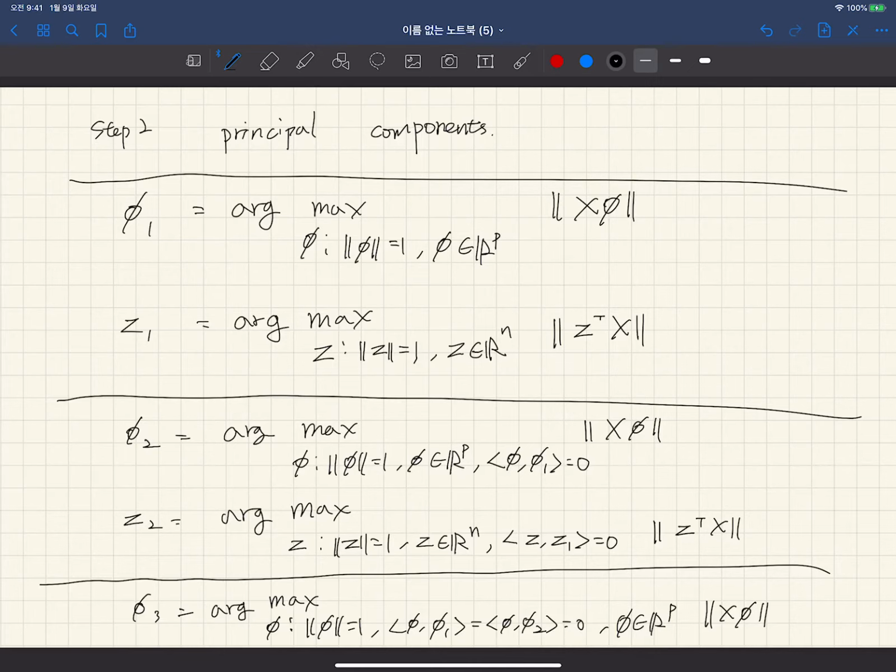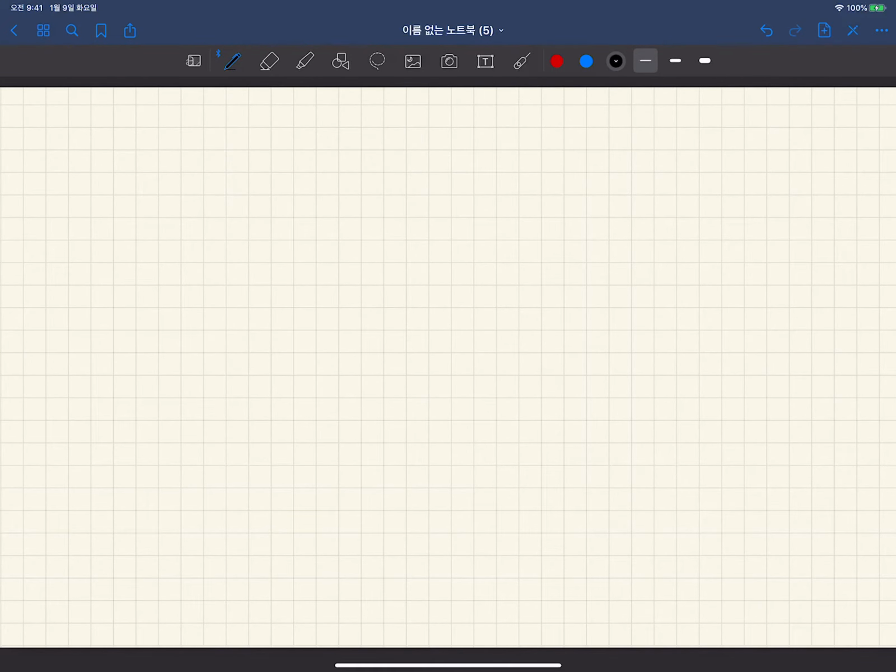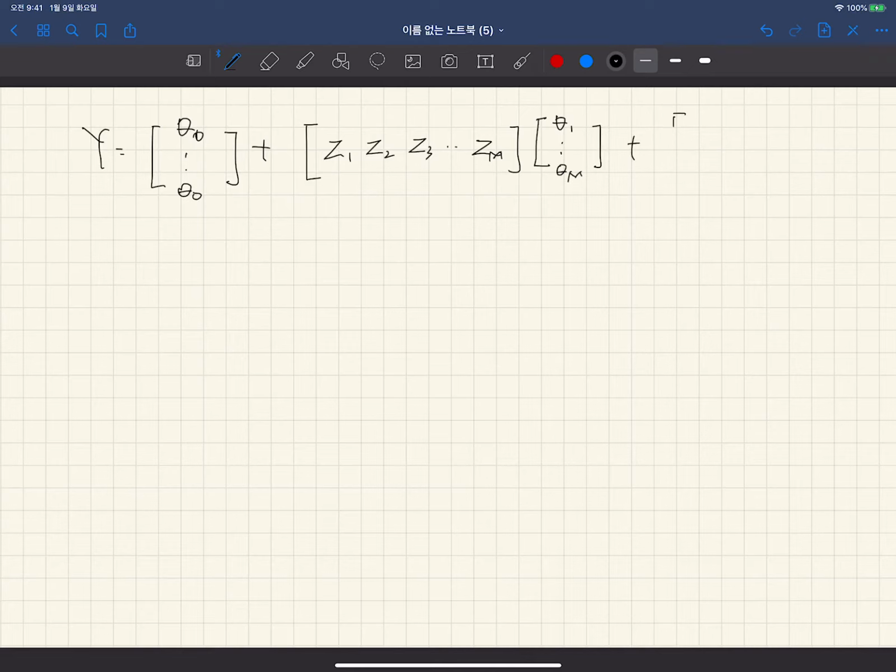Right. So the principal component regression task is basically to define a linear regression task using a new parameter theta 0 plus Z1, Z2, the second principal component, third principal component, up to the m-th principal component from the left hand side, multiplied with the new m parameters theta 1 through theta m, plus observation noise or the model noise.